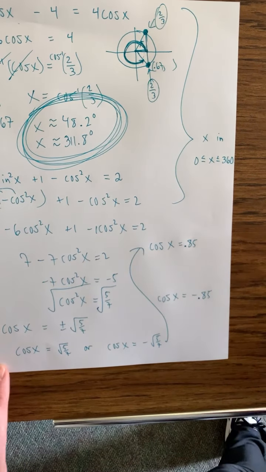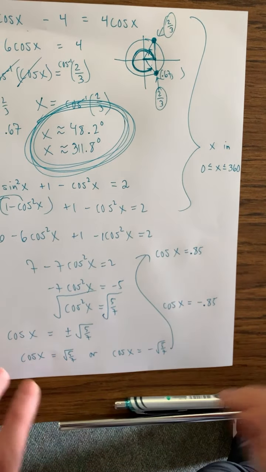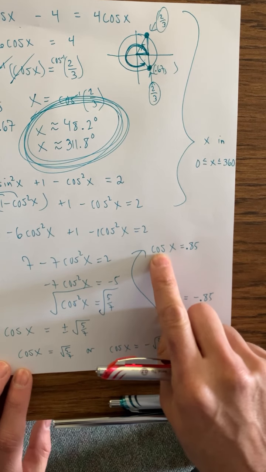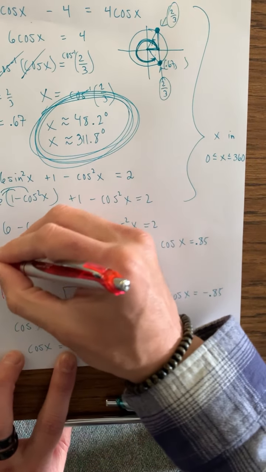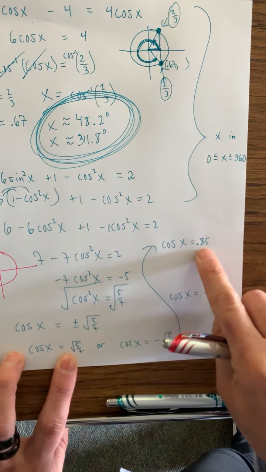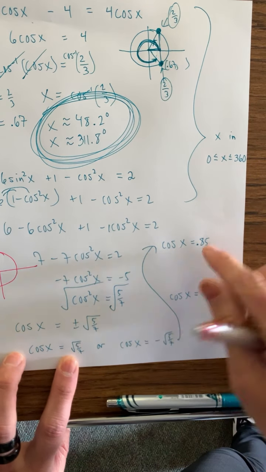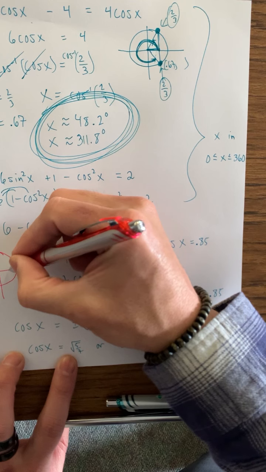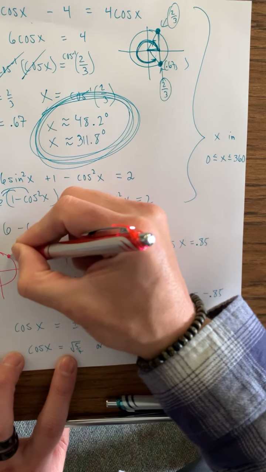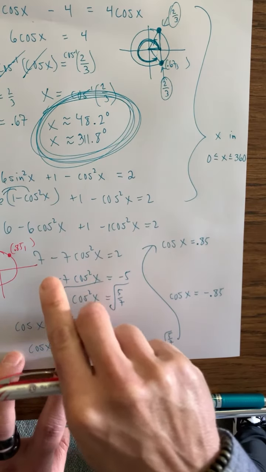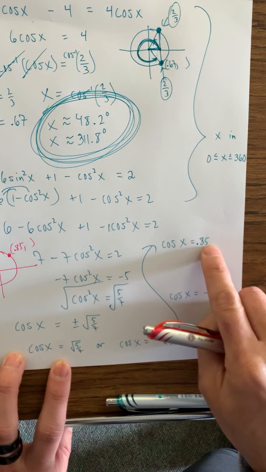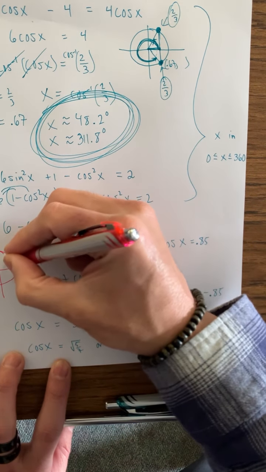This is like the one before, where cosine is the x-coordinate. You want the x-coordinate to be 0.85. On a unit circle, 0.85 is positive, which means you have to go to the right. So this point here is probably good because the x-coordinate is 0.85. Now the question is, how much of an angle is that?